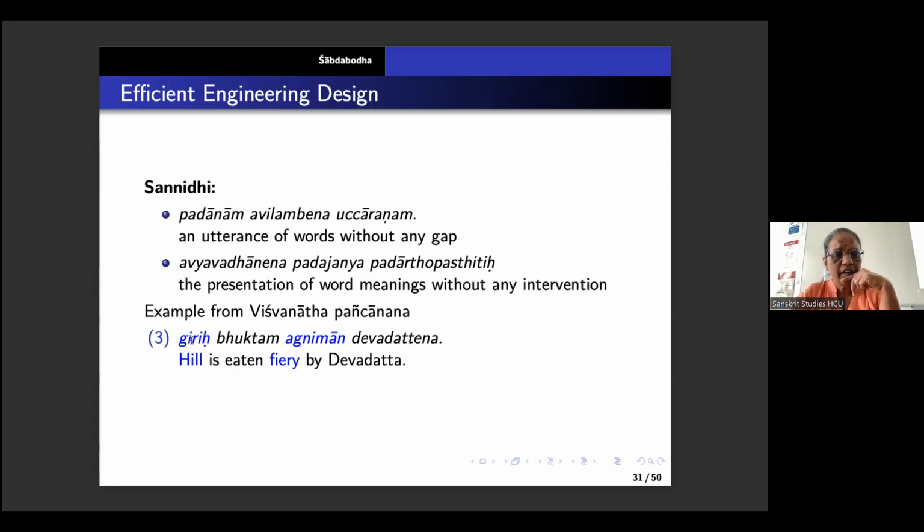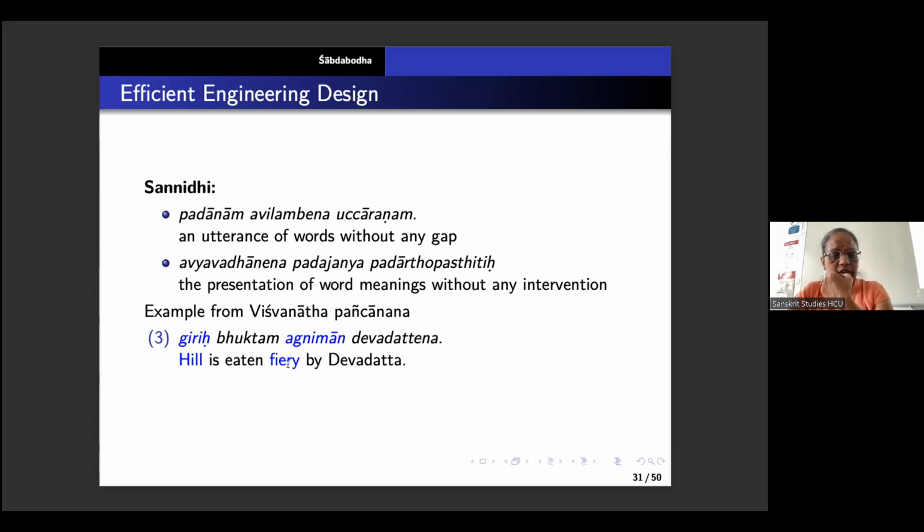Now this Girihi means hill, Bhuktam is eaten, Agniman fiery, Devadattena by Devadatta. Now we see that actually hill is fiery. What he wants to say is hill is fiery and by Devadatta something is eaten. So Devadatta has eaten something.